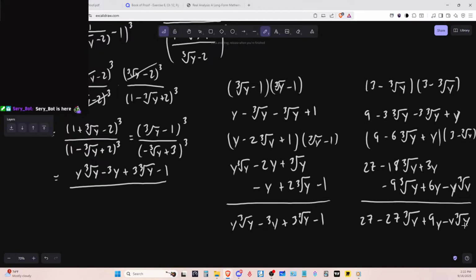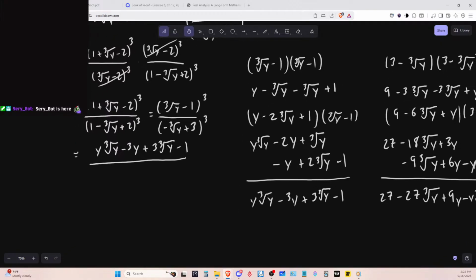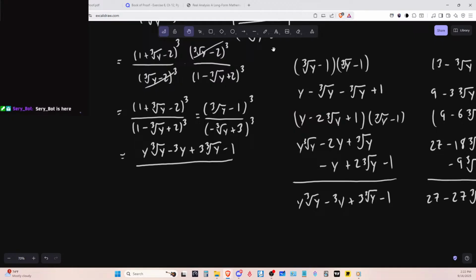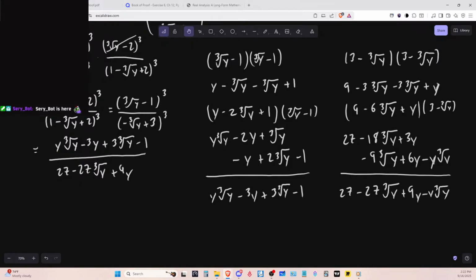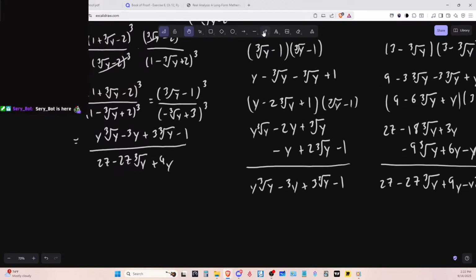Okay, so it's 27 minus 27y cubed plus 9y minus y.